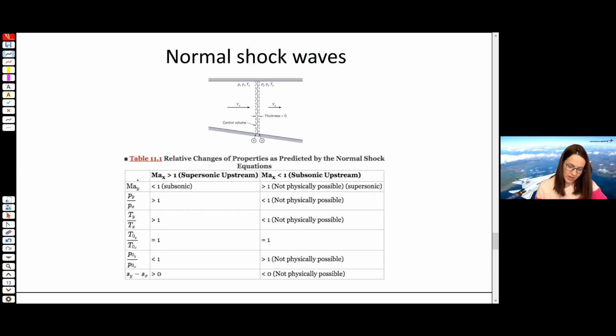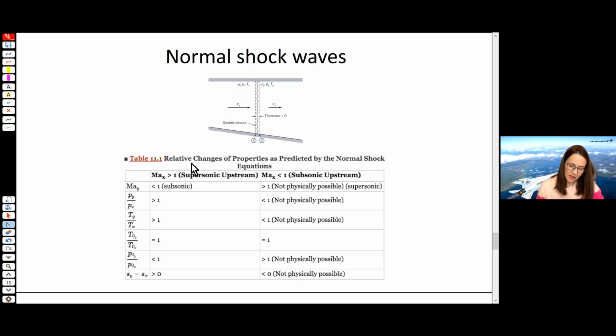First row, we've got our downstream Mach number. Then we've got our ratio of static pressures in the second row. Third row, we've got ratio of static temperatures. Then we've got ratio of stagnation temperatures, ratio of stagnation pressures, and then an entropy difference across the shock. As you can imagine, going across that shock increases the entropy in the flow, right?